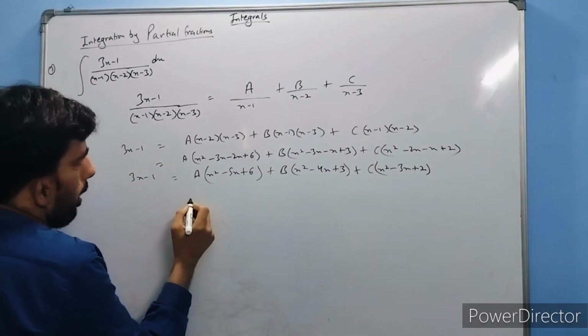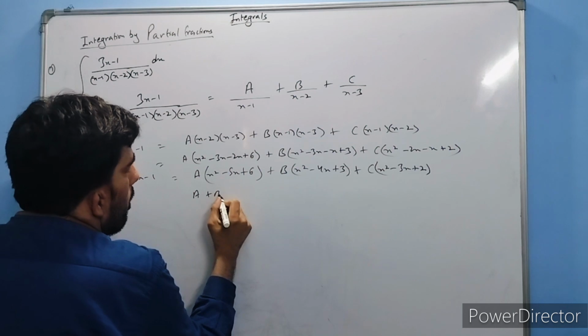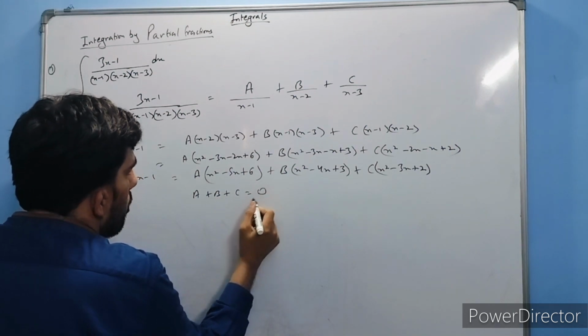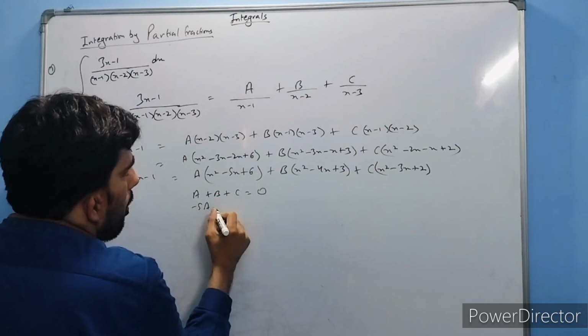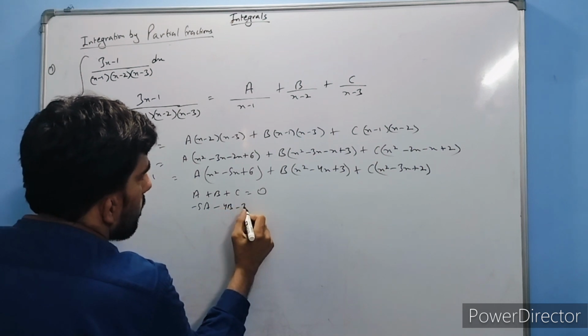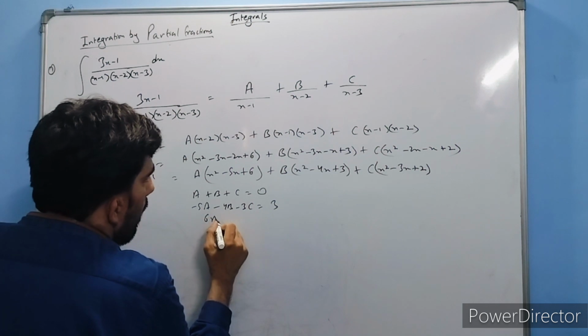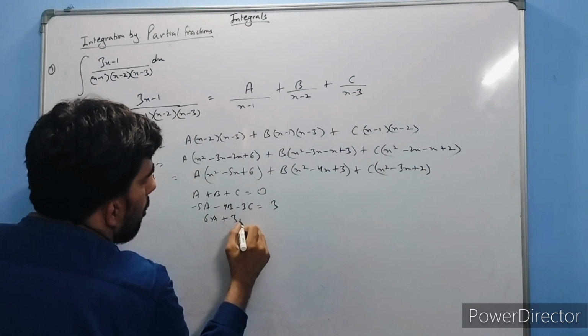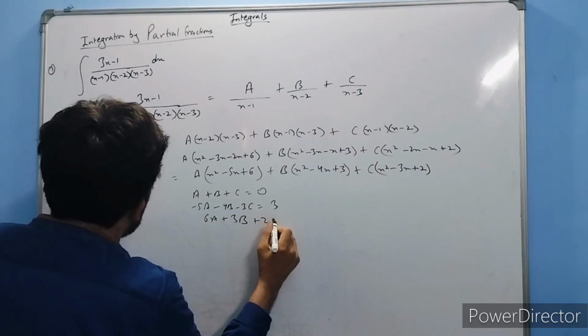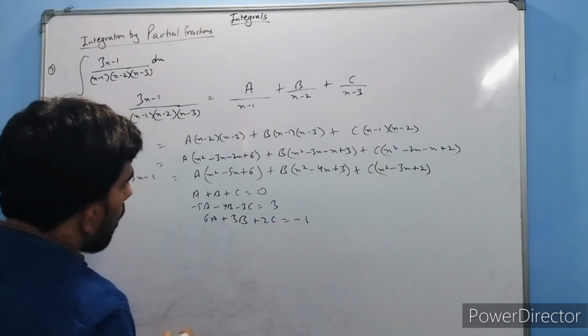I got a plus b plus c is equal to 0, minus 5a minus 4b minus 3c is equal to 3, and 6a plus 3b plus 2c is equal to minus 1.